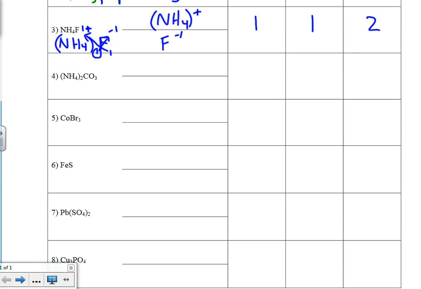In our next example, ammonium carbonate, the ammonium is surrounded by parentheses with a subscript of 2 next to it. That subscript is going to uncrisscross to give me the charge of a 2-. Now what's not as obvious is this carbonate, CO3. You're going to have to learn to recognize that that's a polyatomic ion, and that 3 goes inside the parentheses.